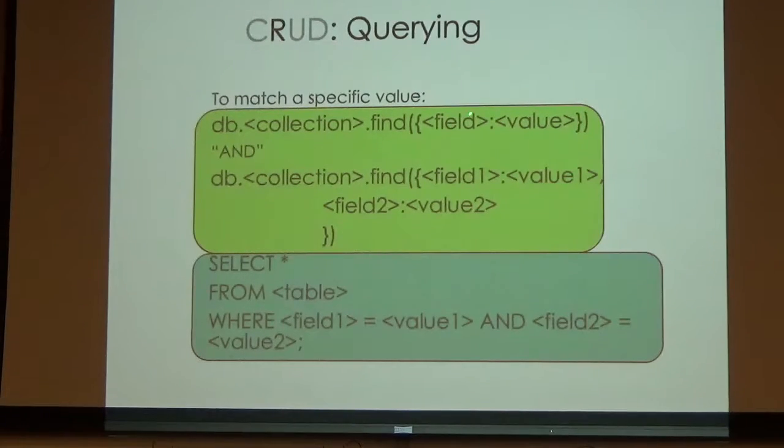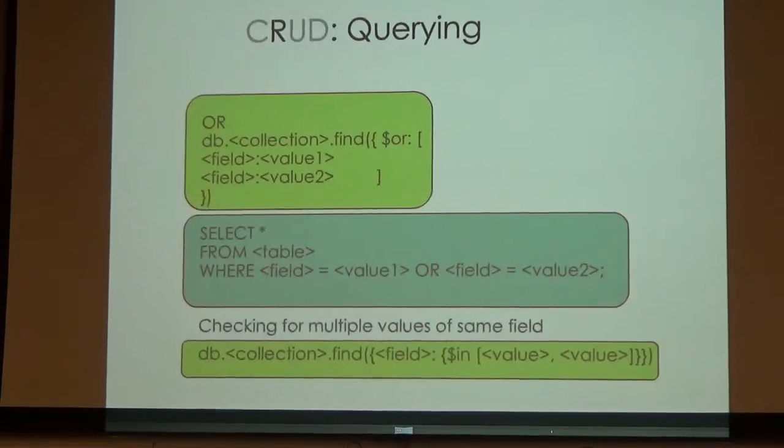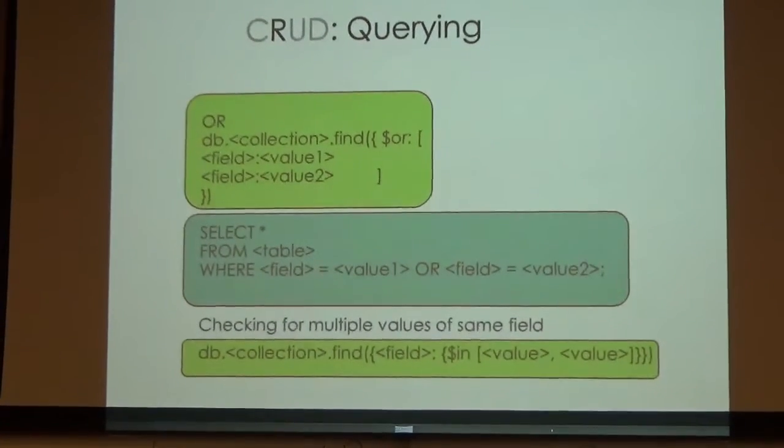Then if you want to find a specific field and value, you can do this. It's similar to SQL with the where condition. Or you can use the regular expression operator here. So or, and so on; in is a set operation. It's also supported.